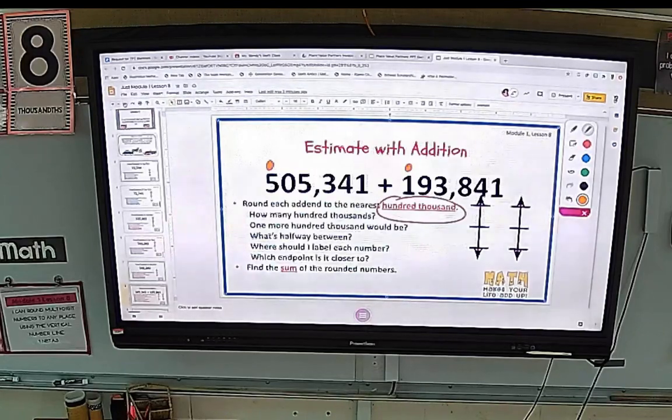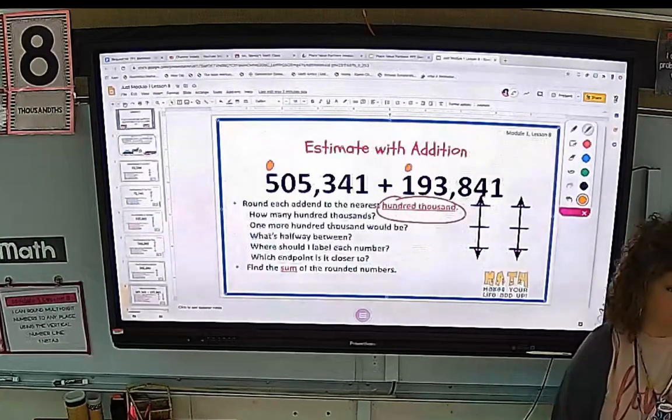If the number line is tricking you, do it the other way. If the number line is where you're getting stuck, do it the other way. It's fine to do that.